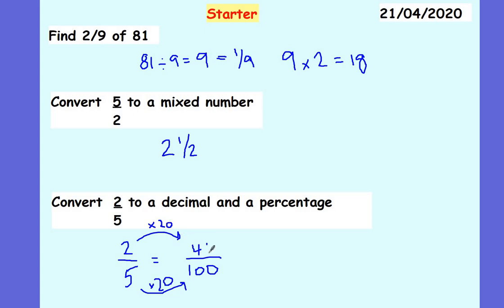Fantastic. So as a percentage, we're looking at 40%. And to go from a percentage to a decimal, we need to divide by 100. So that's going to give me 0.4 as a decimal.